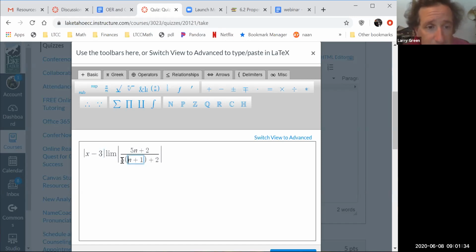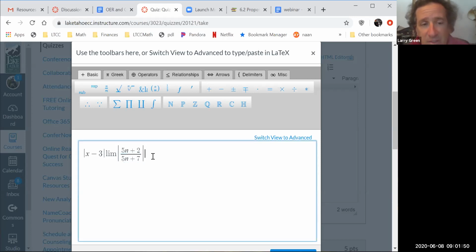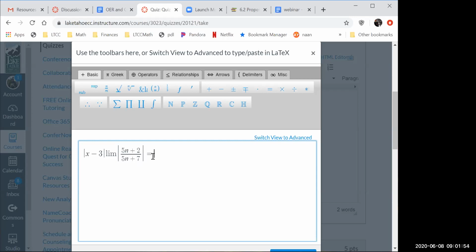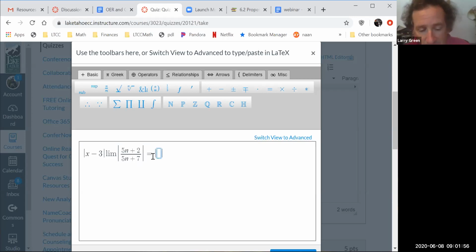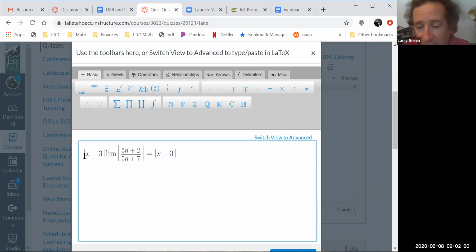And this becomes 5n plus 7. What's the limit as n goes to infinity of 5n plus 2 over 5n plus 7? 1. So we just get the absolute value of x minus 3. And remember, we're doing the ratio test.